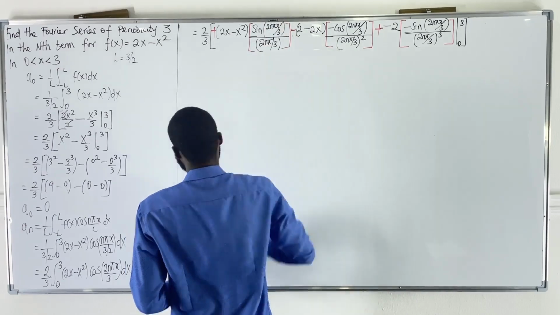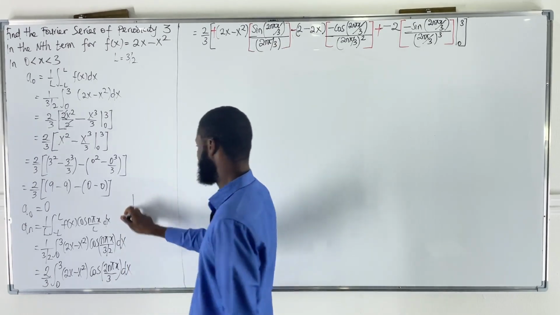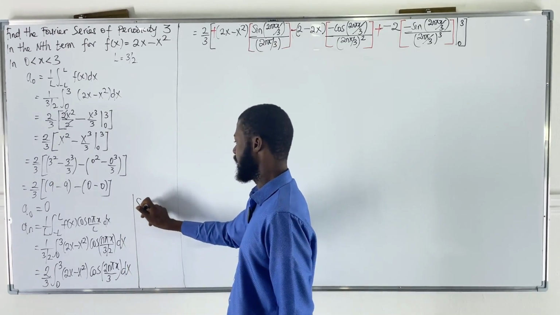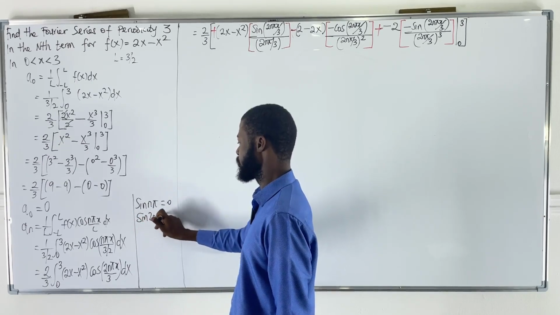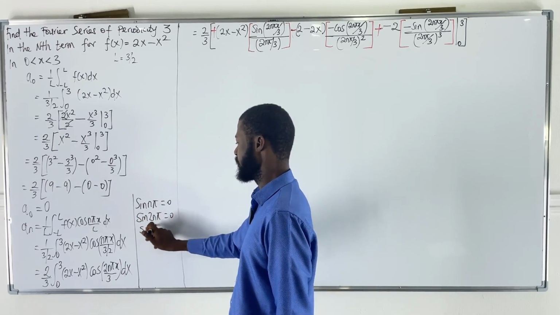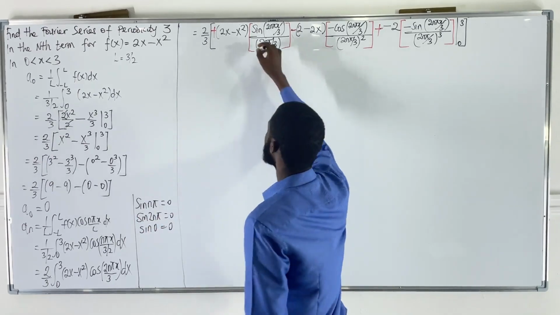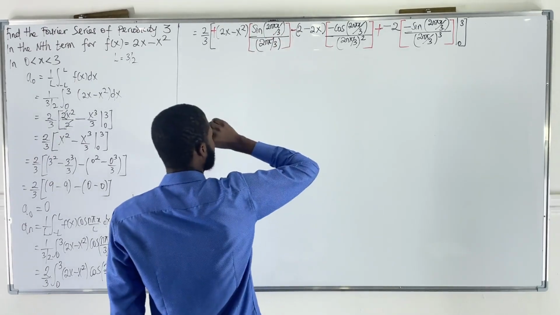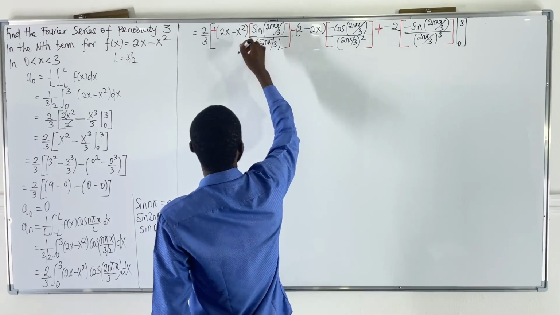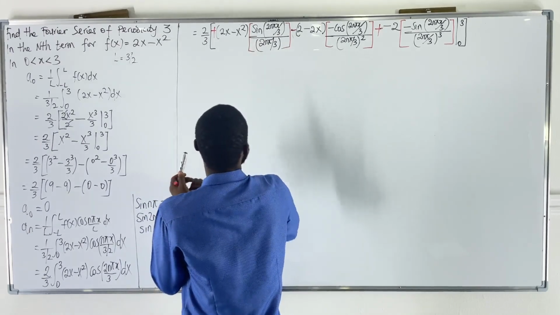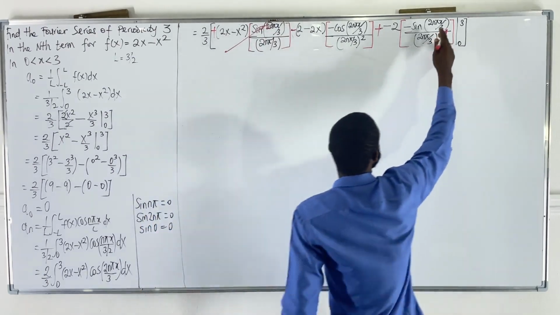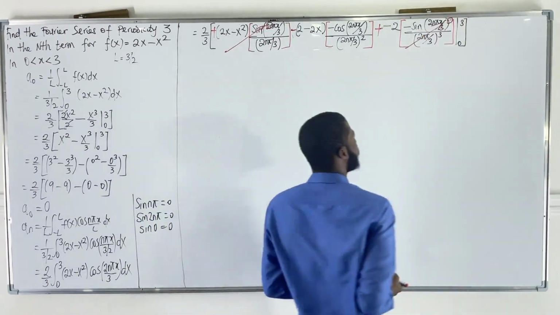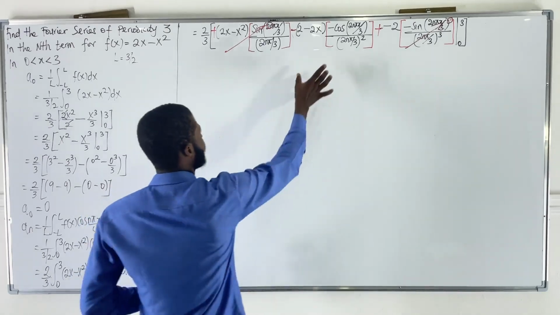Sine 2n pi is 0. Sine n pi is 0. Sine 2n pi is also 0. Sine 0 is also 0. So I just want to save myself the stress. This is gone. This is gone. This is 0. This sine here is also gone. So the only useful one is this one in the middle.